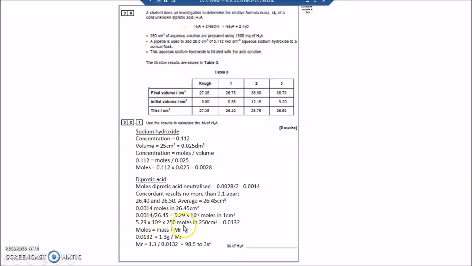So I'll multiply by 250, 0.0132 moles are in this standard solution that I've made up at the beginning. So in the 250 centimetre cubed, I've now got 0.0132 moles.